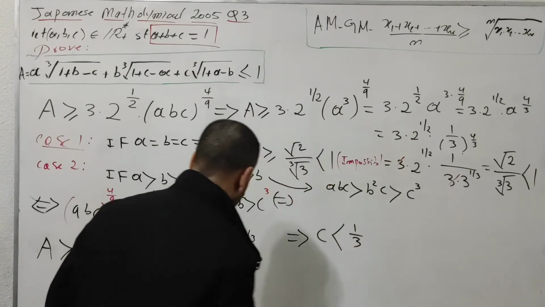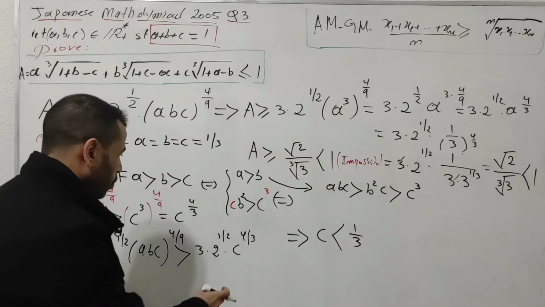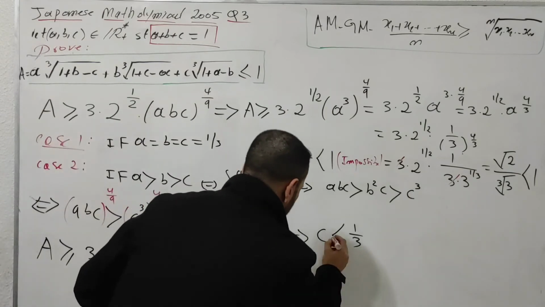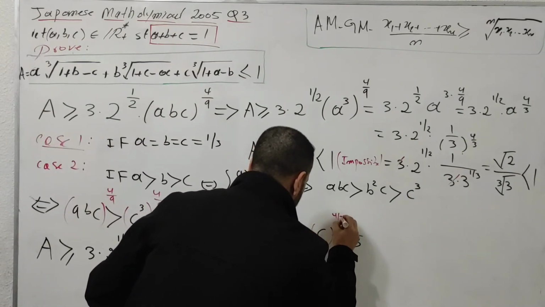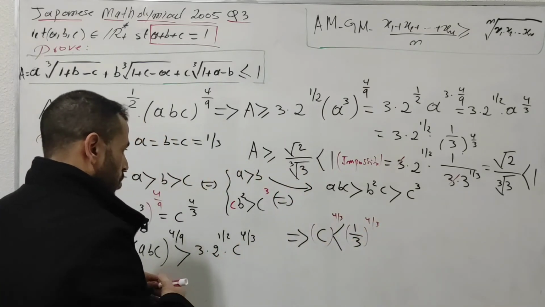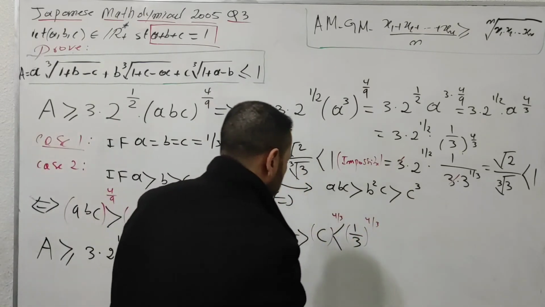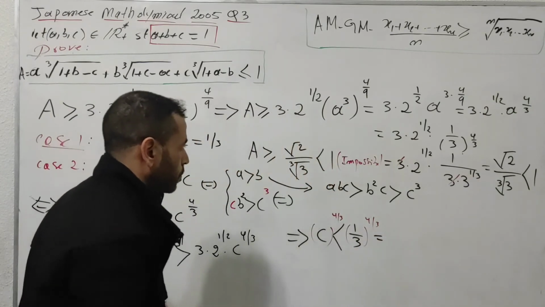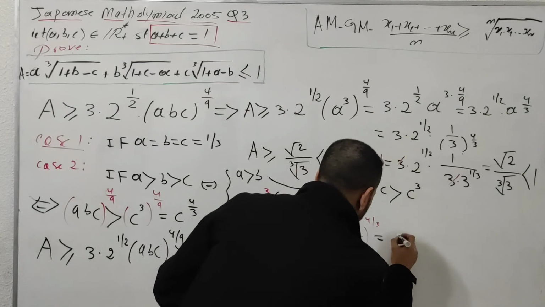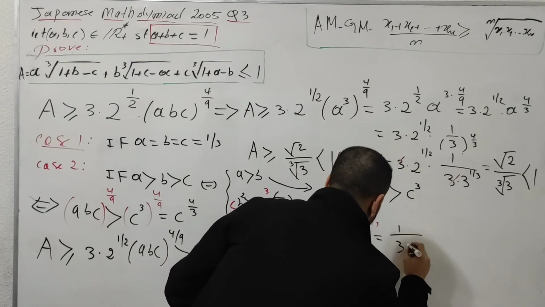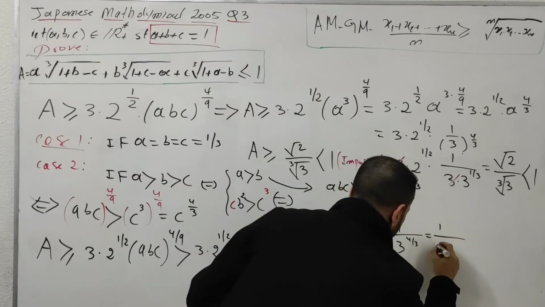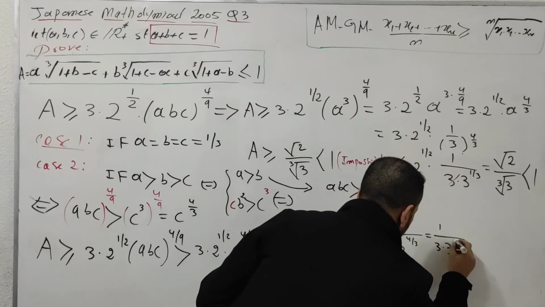What I'm going to do now, I'm going to raise both sides to the 4 over 3 as an exponent. So I will have some simplification here. So I will have 1 over 3 to the 4 over 3. This exponent is given as 3 multiplied by 3 to the 1 over 3.